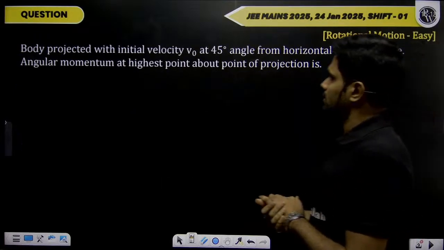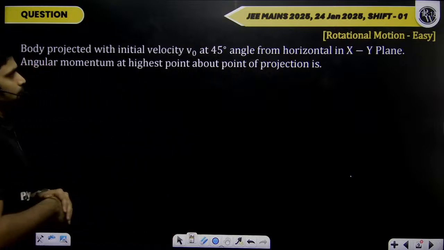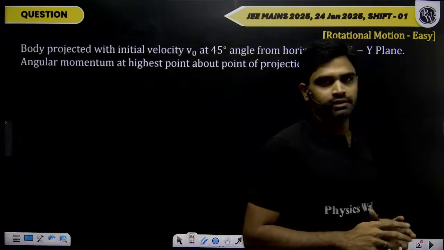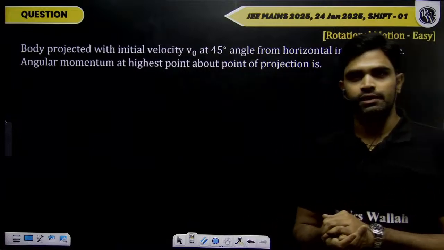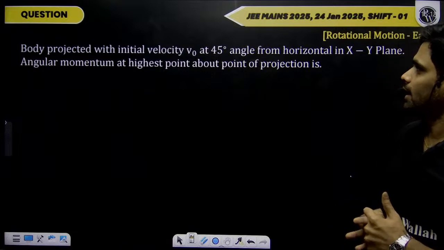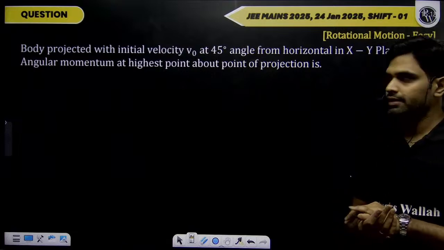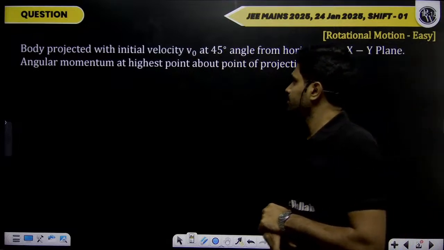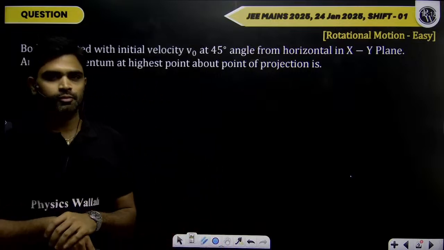Next, it's an easy question from projectile and combined with rotational motion. It's not a pure projectile question, it's combined with rotational motion. They're asking if a body is projected at 45 degrees, what is the angular momentum at the highest point about the point of projection?